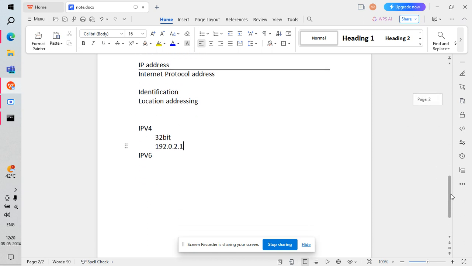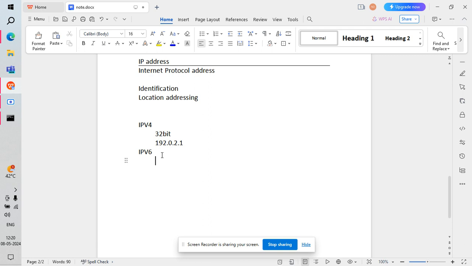So, what is IPv6? Internet Protocol version 6. It's a 128-bit hexadecimal address. IPv4 is 32-bit decimal format separated by periods, and IPv6 is a 128-bit hexadecimal address written in a colon separated format.